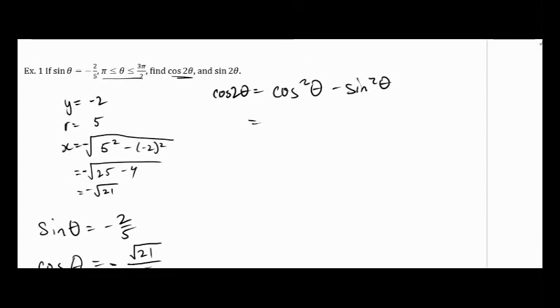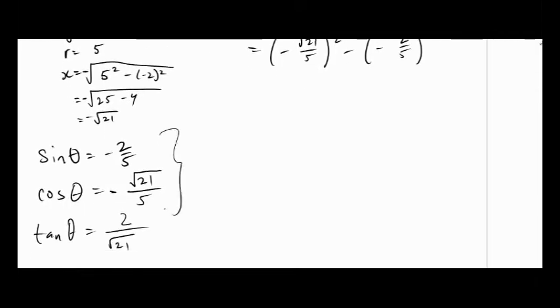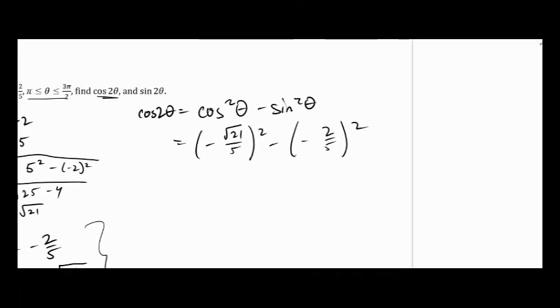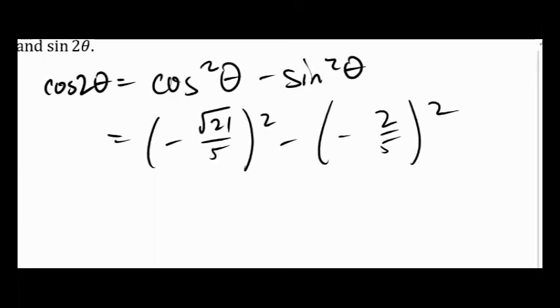So that is negative root 21 over 5 all squared, minus negative 2 over 5 all squared. Just using the values of sine theta and cos theta and plugging them into our formula. Everybody okay with that? Understand what we did there?